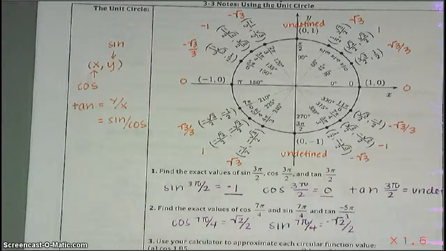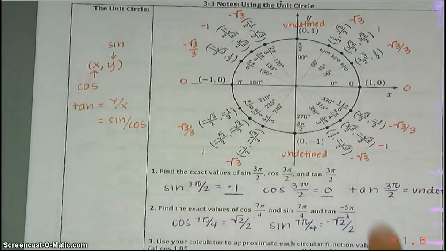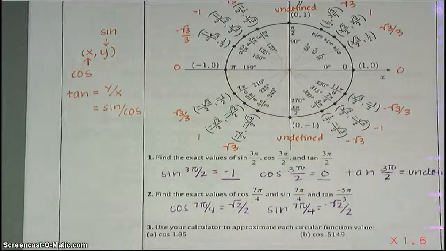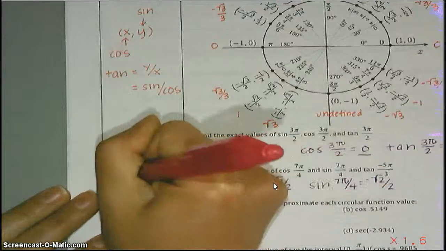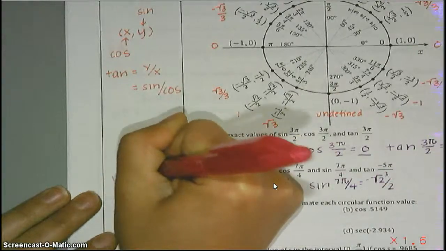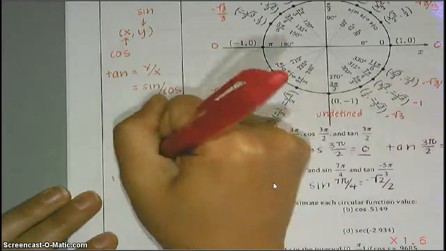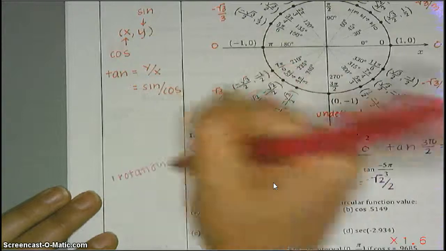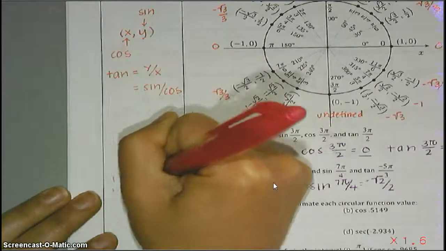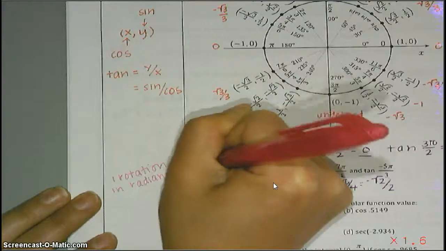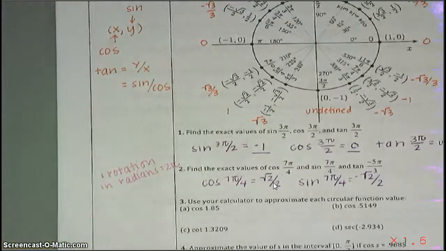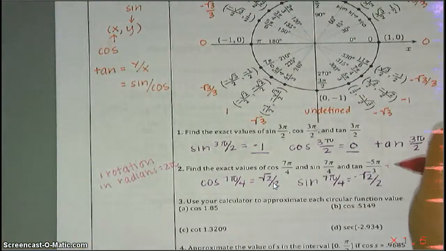If you get in a situation where your angle is not on the unit circle, for example, negative 5π/3, what you need to do is add a rotation, and a rotation in radians is 2π. You might want to write that off to the side. So one rotation. It's kind of like finding the coterminal angle when we had degrees. So what you're going to do is add 2π onto negative 5π/3.